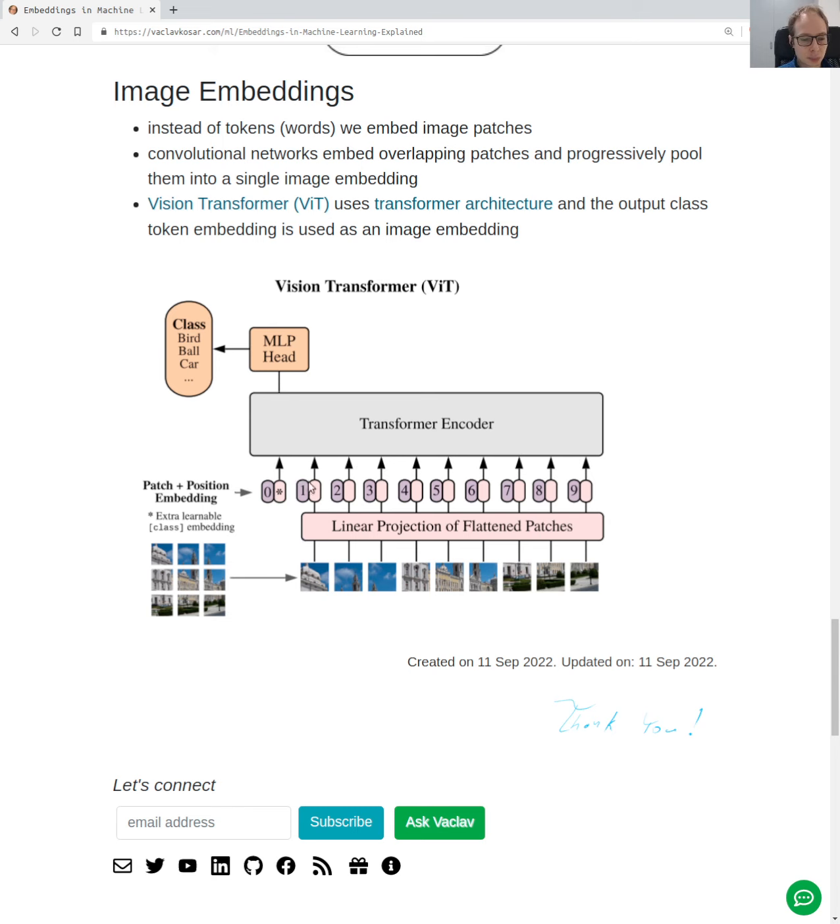The input is a sequence of patches, and the output is also a sequence of patch representations. So the sequence is of the same length and the dimensionality is the same within the network.